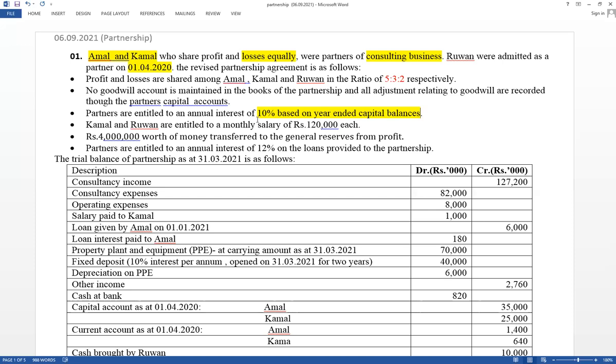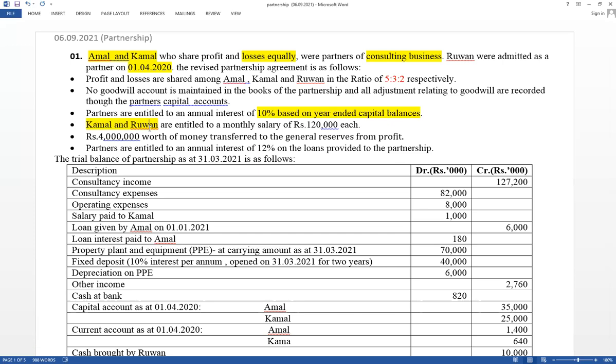Therefore, based on their closing capital account balance, interest on capital should be calculated. It is relevant for the appropriation part. Next one, Kamal and Rohan are entitled to a monthly salary of 120,000. Given Kamal and Rohan only, the salary is not relevant for Amal. You have to apply the agreements. If it has not been given in the agreement, there is no need to provide a salary for Amal.